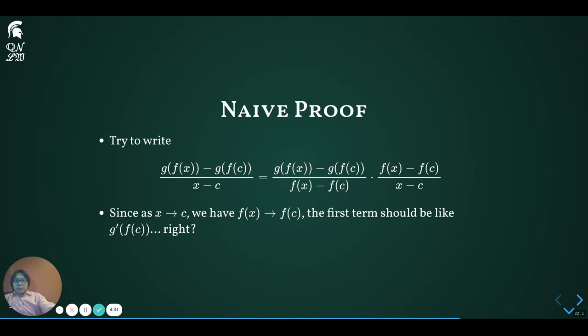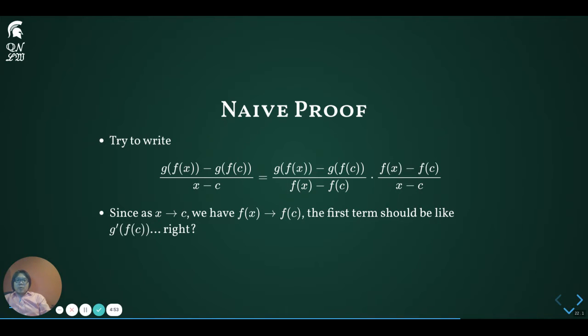Before showing you the correct proof, let's show you quickly a naive but slightly incorrect proof. Inspired by the expected derivative value, we try to write the difference quotient for the composition function g composed f in terms of the difference quotient for the function g and the difference quotient for the function f.